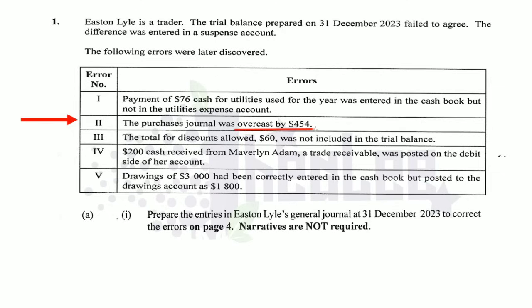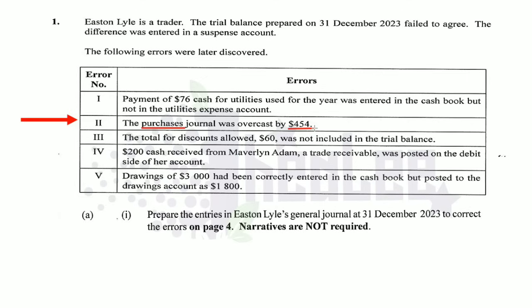But the big question is, what type of balance does the purchases account carry? And the purchases account carries a debit balance. So it means that this $454 was entered on the debit side too much. So the debit side is overcast, overstated by $454, meaning an extra $454 was entered on the debit side of your purchases account.